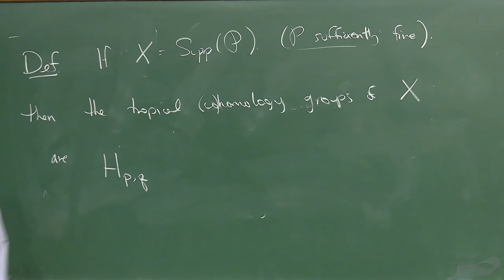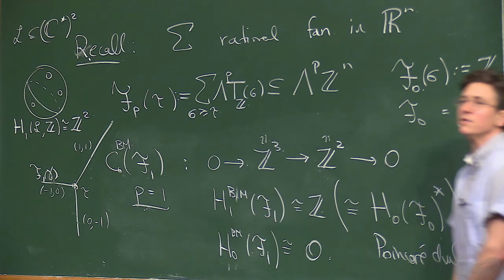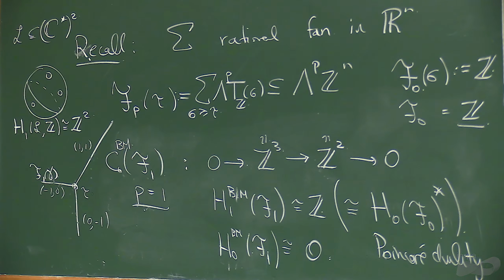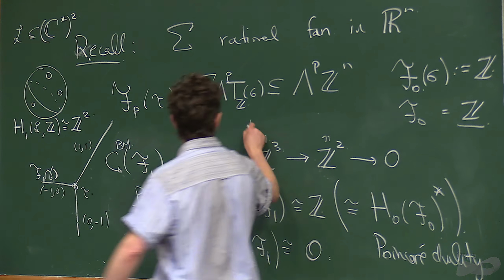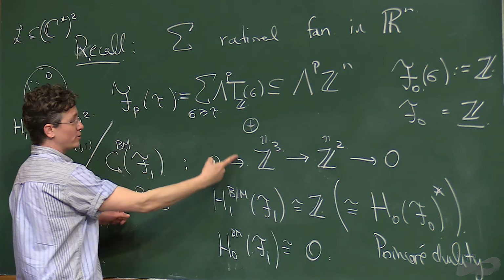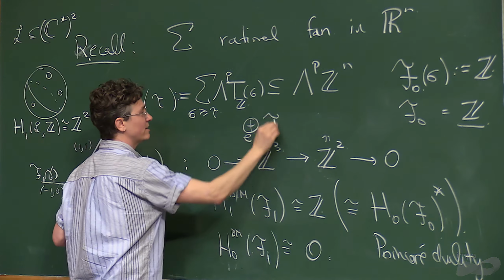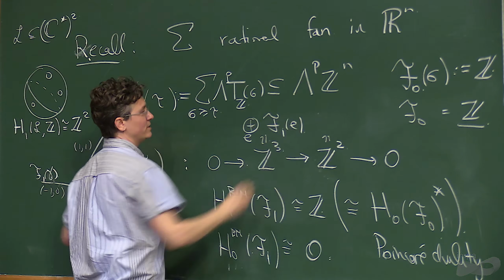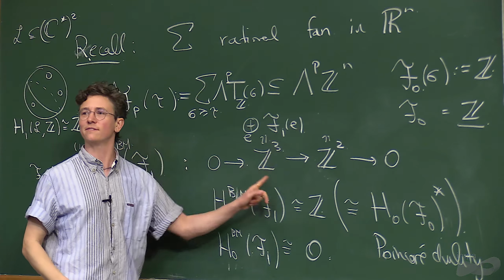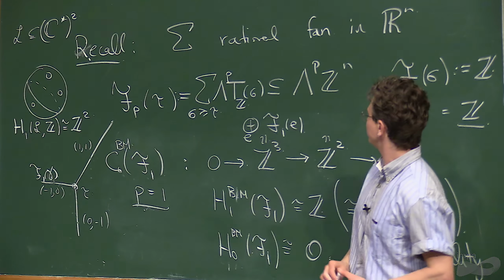Yeah, so these were isomorphisms, if you want. Lambda 1 Z squared is just Z squared. Ah, no, this is a direct sum: the formula here tells me for each edge I take the direct sum of this. So each one of these is in Z squared, but the direct sum of them is not.